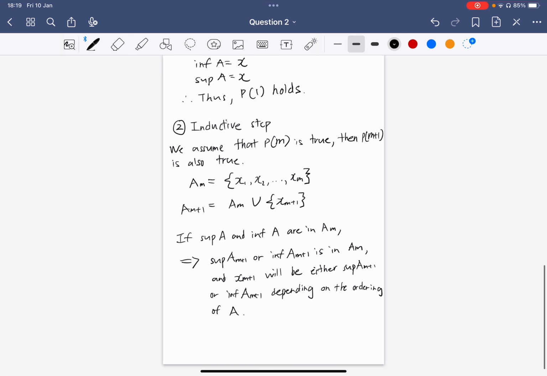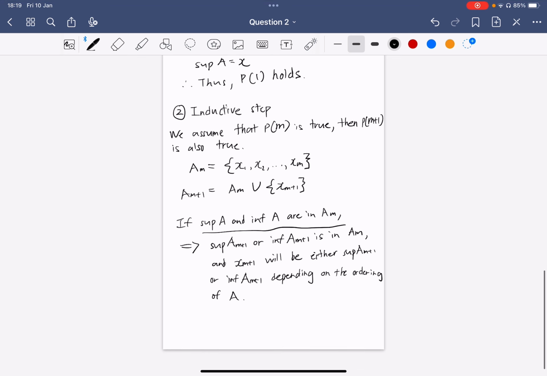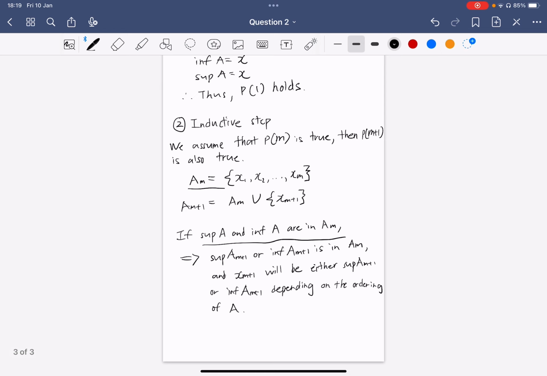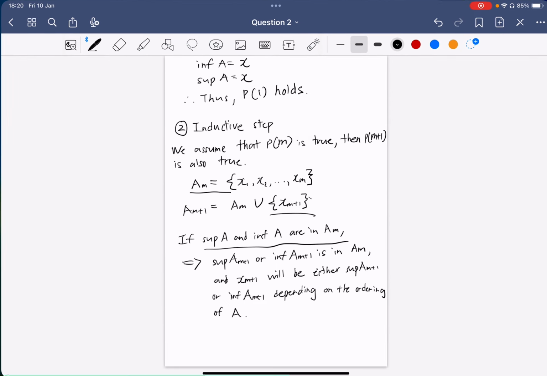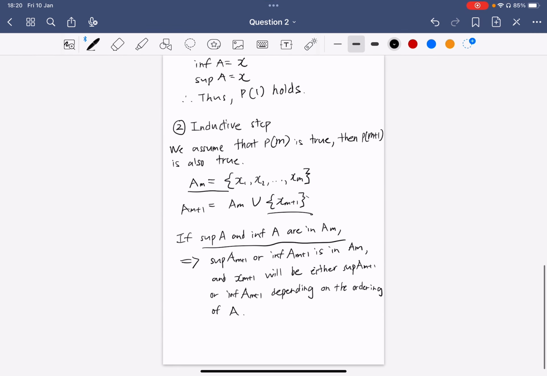So if sup A and inf A are in this set here, and we assume that this statement is true, then Am plus 1 would just be the set of Am plus the extra element x, the m plus 1 element, right? And the x, the m plus 1 element of Am plus 1, would either be sup A m plus 1 or inf A m plus 1, depending on the ordering of set A.